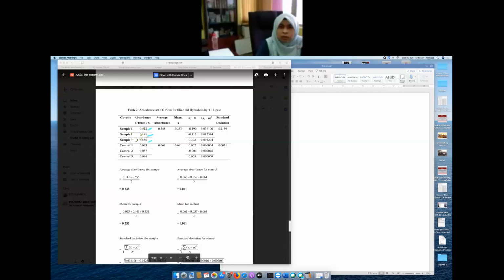This group has decided to take sample number 2 and 3, then they get this average. The good thing is they have calculated the standard deviation for all 3 of them. And for this standard deviation, you can see here, this is 0.2159.